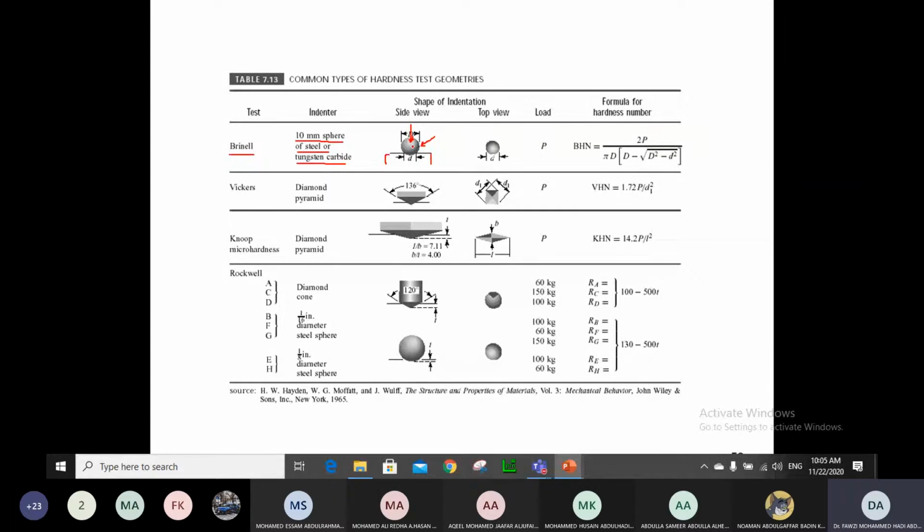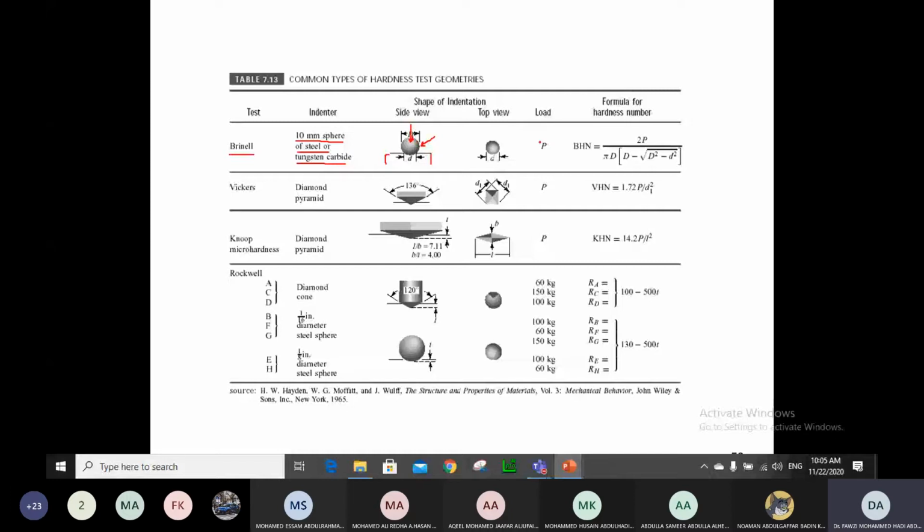Then we remove that indenter and look from the top, which gives you the indentation shape. Of course, this is a sphere, so it will give you a circular indentation, and we measure the diameter of the indentation, and we need the diameter of the indenter.